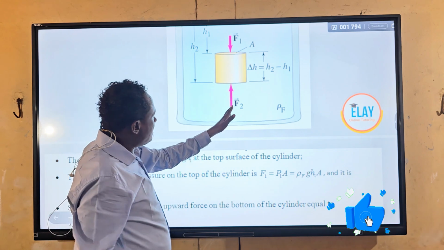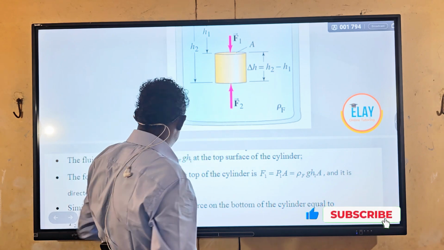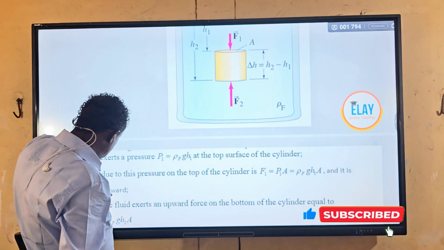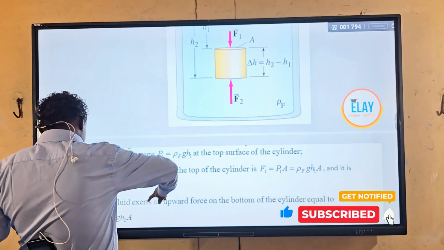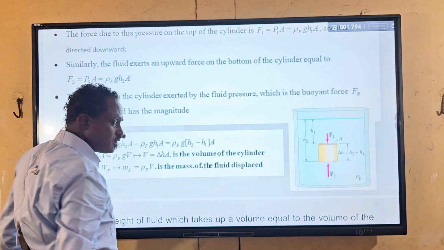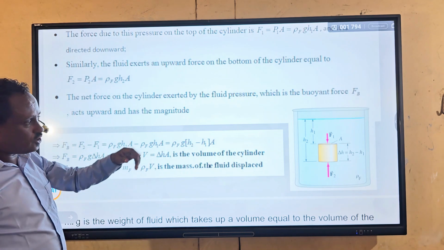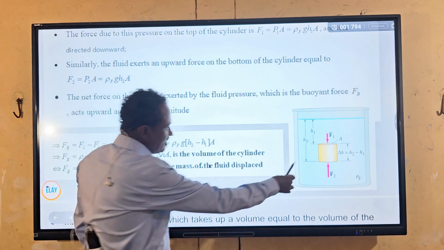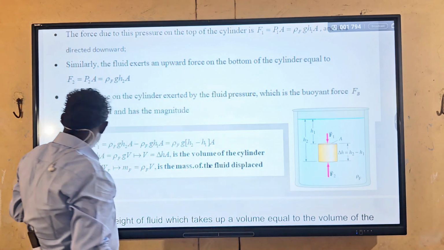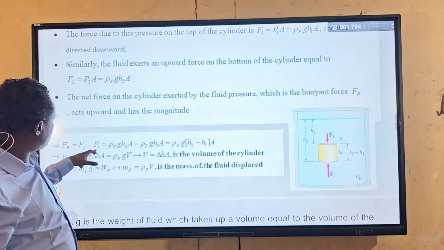Therefore, the net force is F2 minus F1, the difference between these two forces. The net force is the so-called buoyant force exerted by the fluid on the solid object immersed in it. This is equal to F2 minus F1.